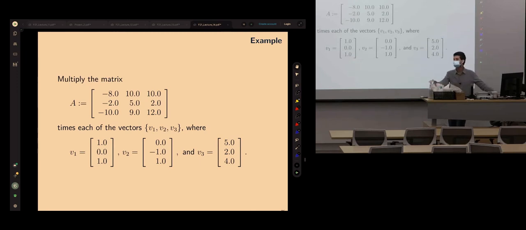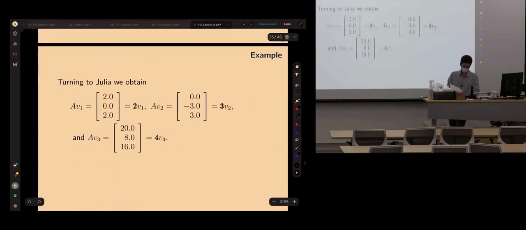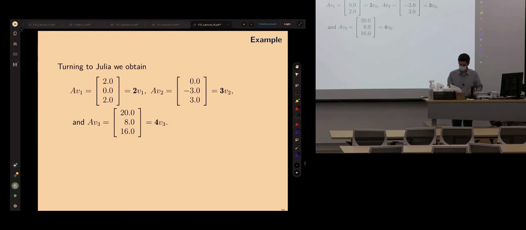Numerically, let me prove to you that this is possible, first of all. I'm giving you a matrix A multiplied by vectors v1, v2, v3. See what happens. When you do that, A times V1 will give you 2 times V1.